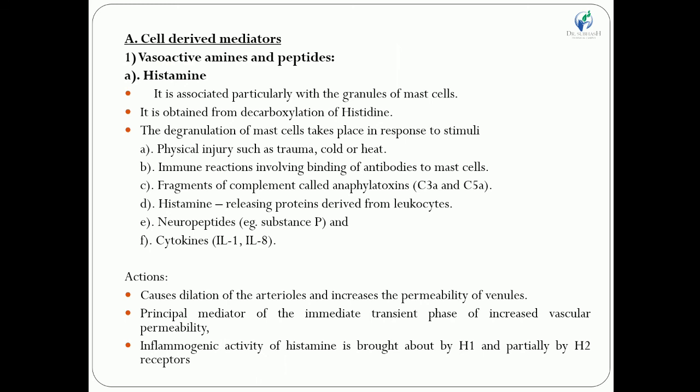The cell membrane will have H1 and H2 receptors. After release, histamine will bind with those specific receptors and lead to certain conformational changes, and a change in the metabolic activity of the cells and tissues.